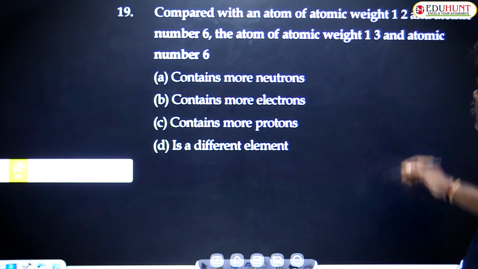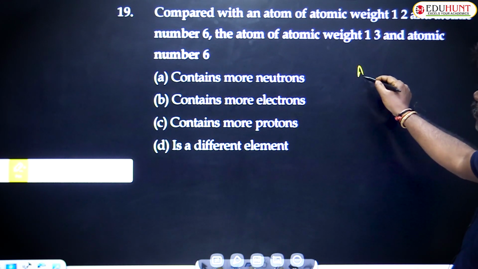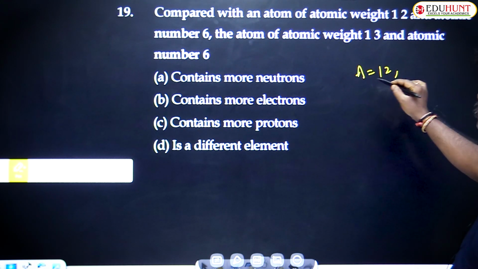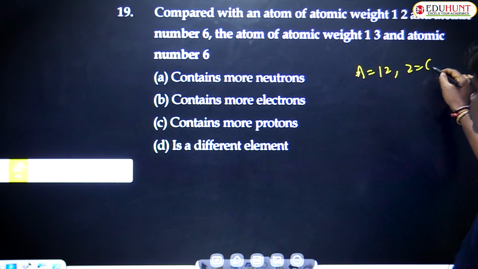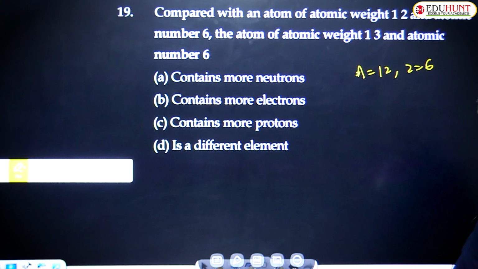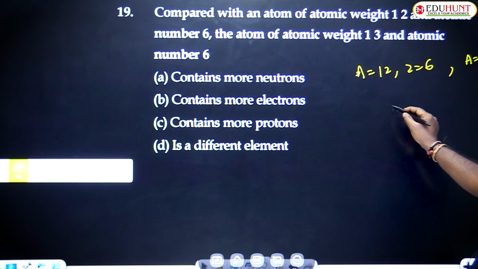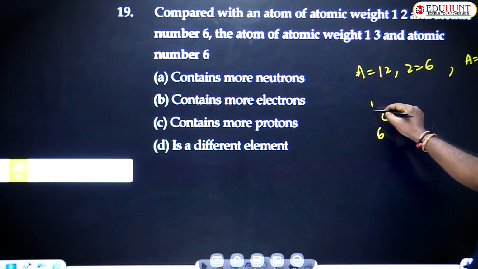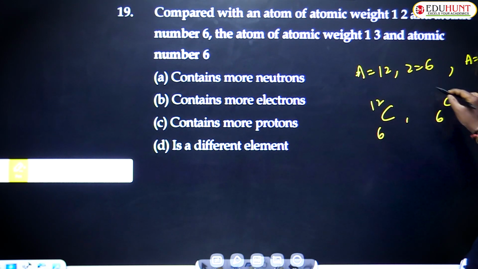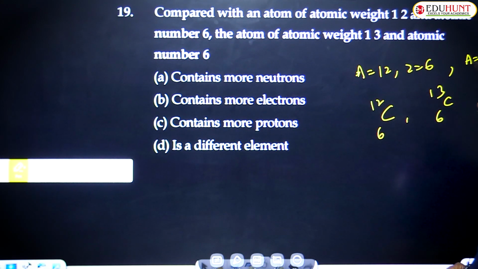Atomic weight 12 means mass number is 12, and atomic number is 6. The other atom has atomic weight 13 and atomic number 6. So we know 6C12 and 6C13.